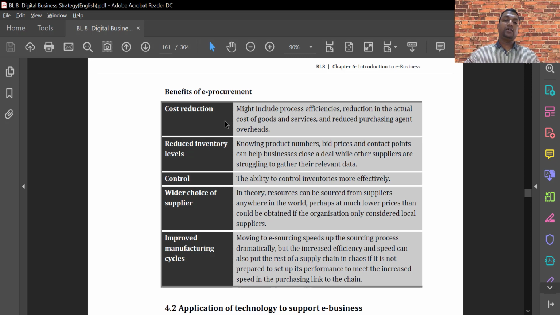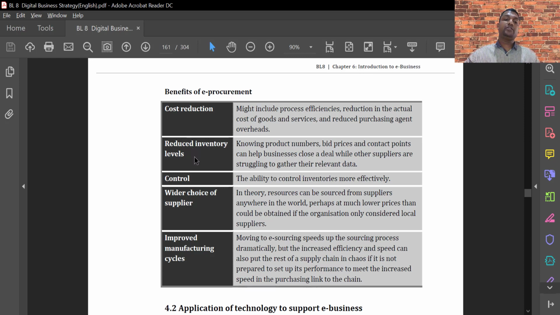Everything will be monitored carefully and responded to immediately, right? And this will reduce overhead for both the buyer and the seller, and overall reduce the cost for the whole procurement process.